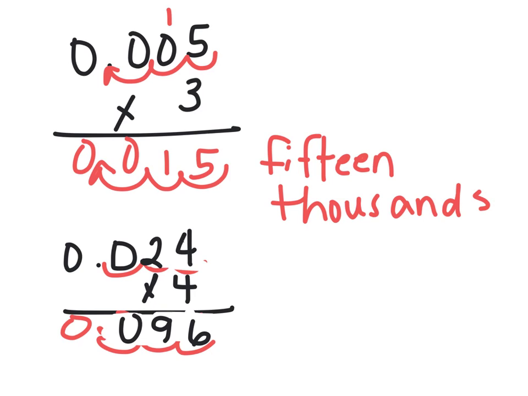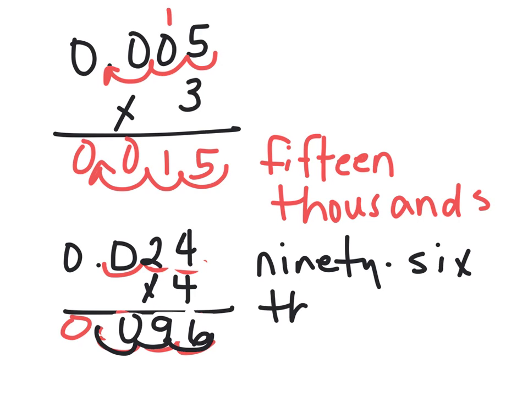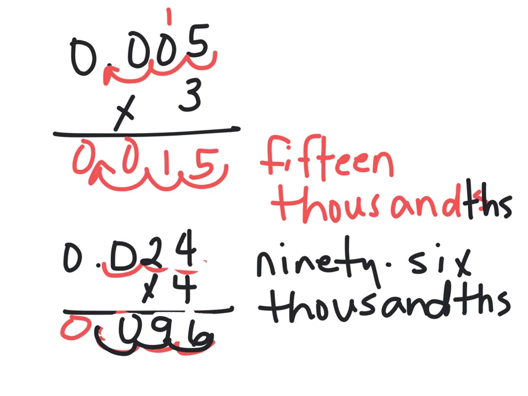It was supposed to be 0.024 times 4, and that's going to be 0.096. We have 3 decimal places, and so our answer is going to be 96 thousandths because we have the 3. So I didn't even spell it right up there. Okay, I'm on a roll here, aren't I?